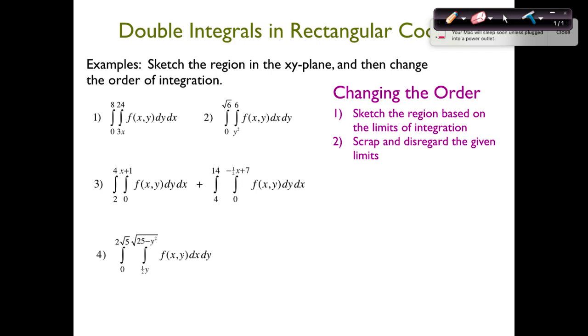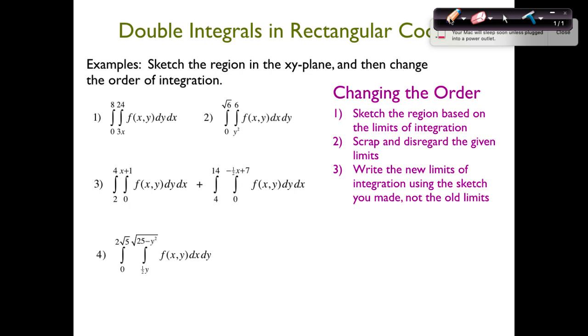We've got our sketch, we forget about the old limits, and then we write the new limits of integration from the sketch. So it's all about the geometry, sketching the region correctly and understanding it correctly, and then rewriting. It's like starting over with a new problem: given a sketch, write it in the other order.